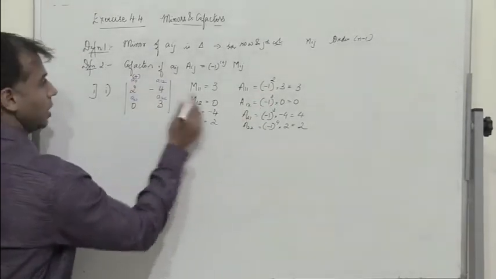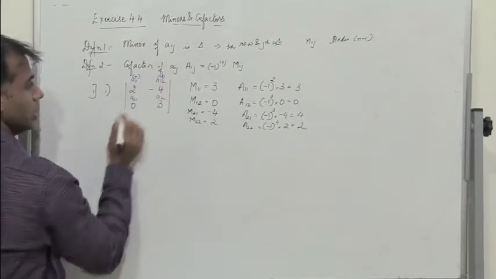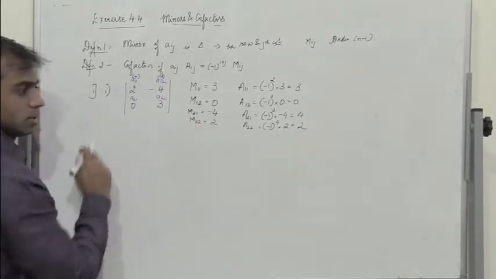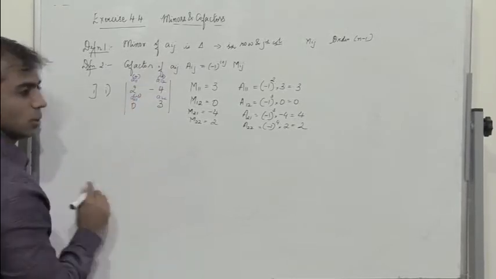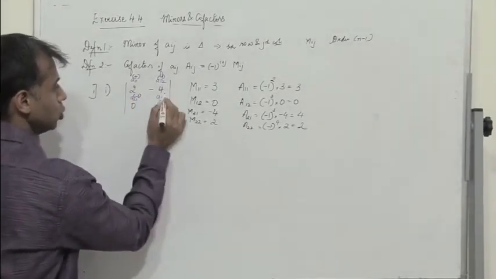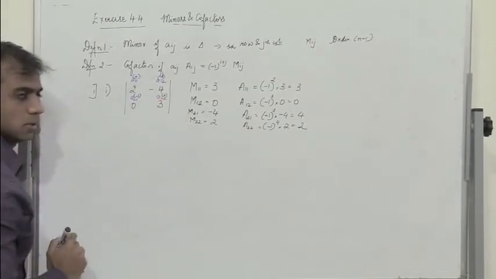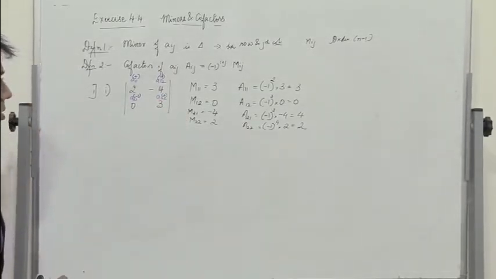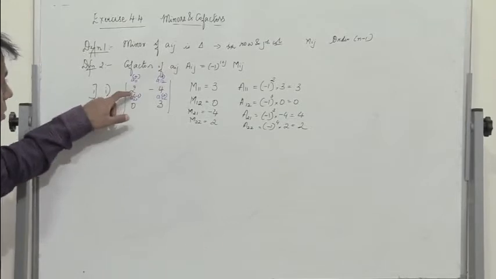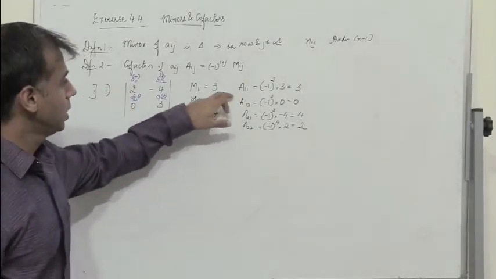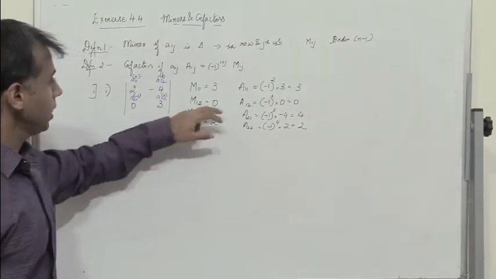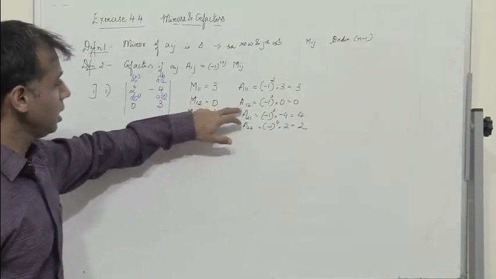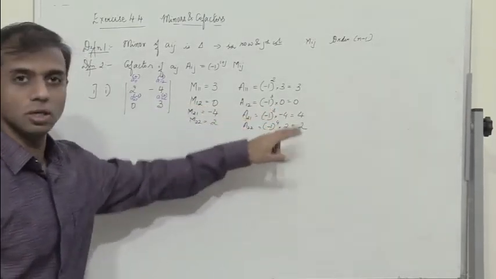For the second one, it is multiplied by minus 1. So this element A21 is multiplied by minus sign, so let me write minus 1. And for A22 it is multiplied by plus, so I write a plus here. So it becomes much easier. So when I find the cofactors of A11 and A22, the sign does not change. But when I find the cofactors for the elements A12 and A21, the sign changes.